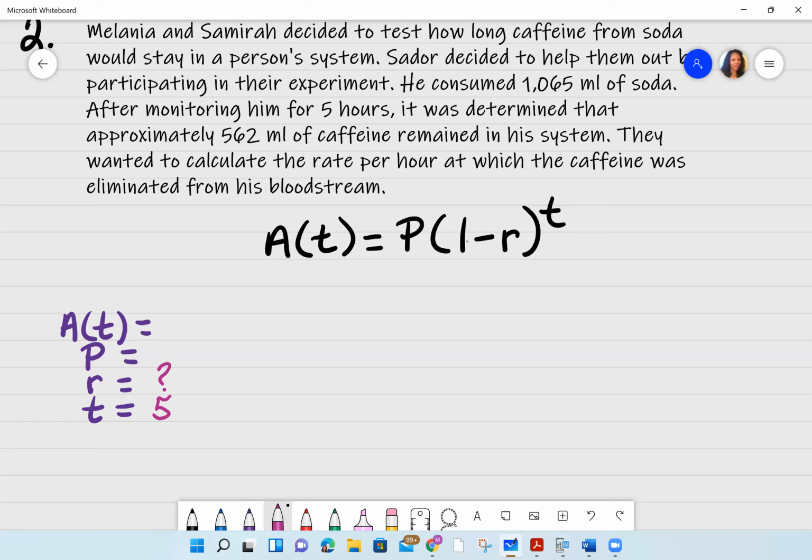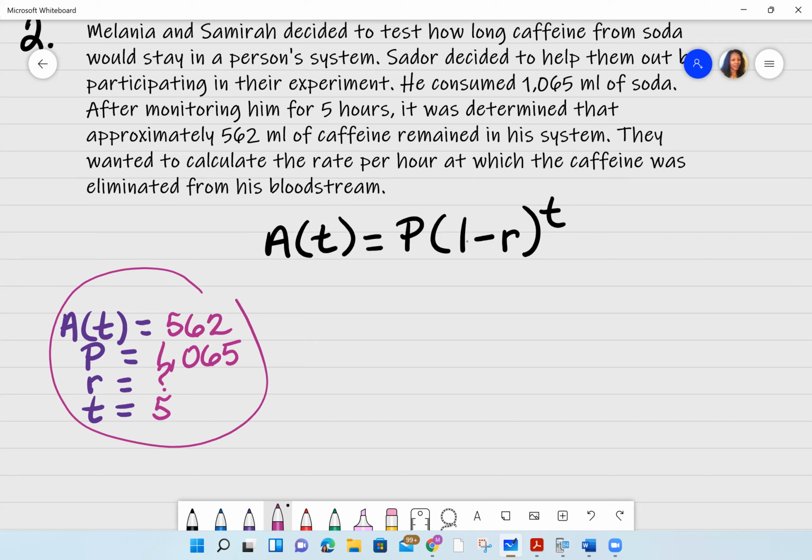So that tells me that's the future value. So 562 is A of T. Therefore, 1,065 is my present value, or my P. Now, what I want you to pay attention to, some of you automatically think A of T should be the bigger number. That is not necessarily true, as you see in this case. It's not the bigger number.